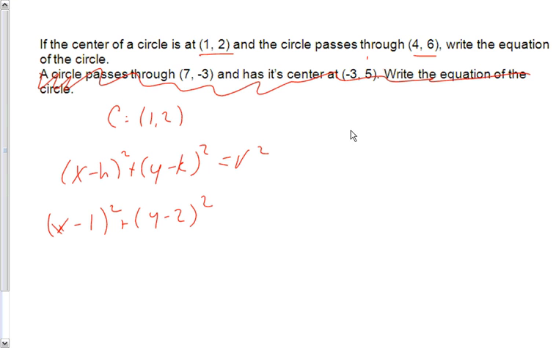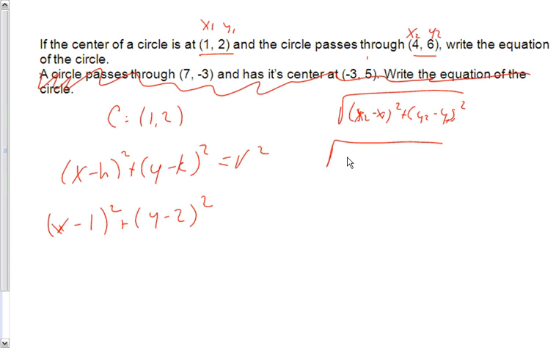We just need the radius. Well, the distance formula: the square root of (x2 - x1)² + (y2 - y1)². Now we plug in our points. We'll call these x1, y1, x2, y2.